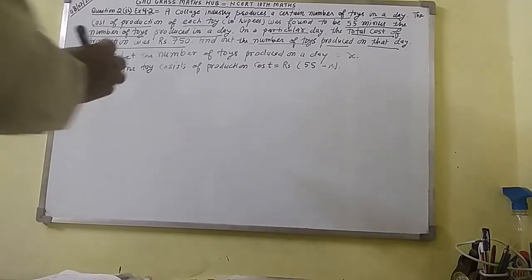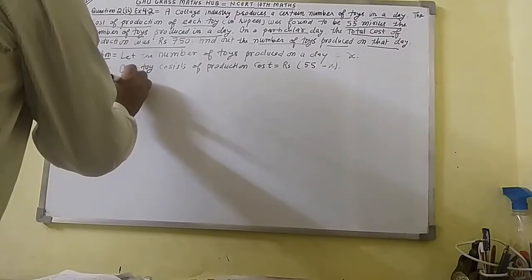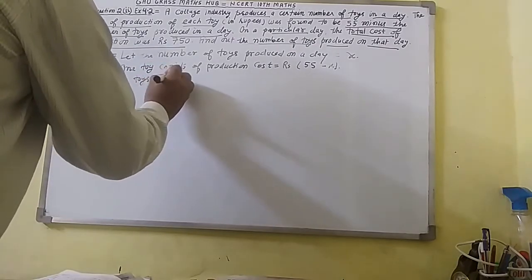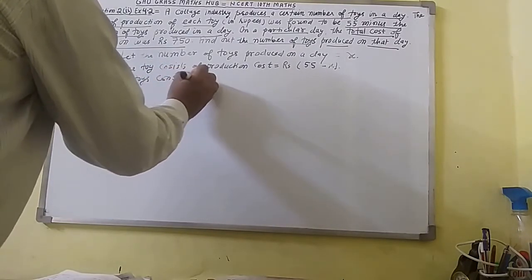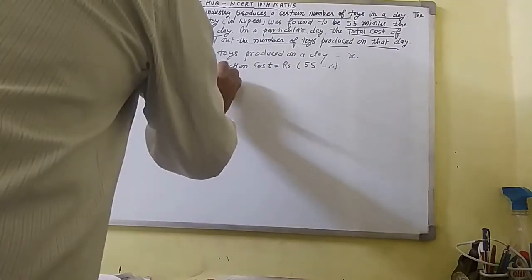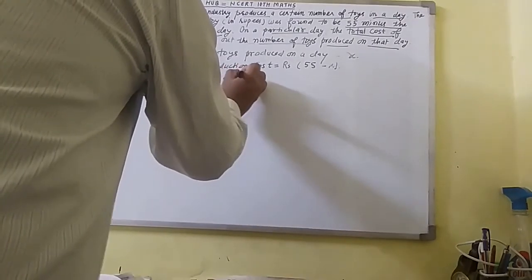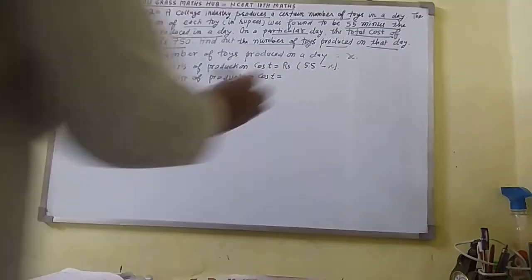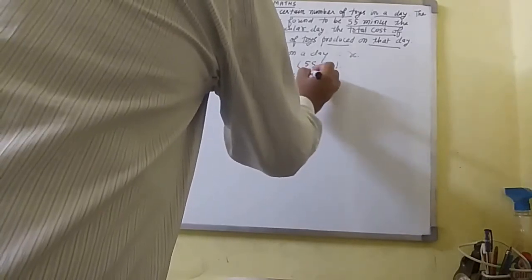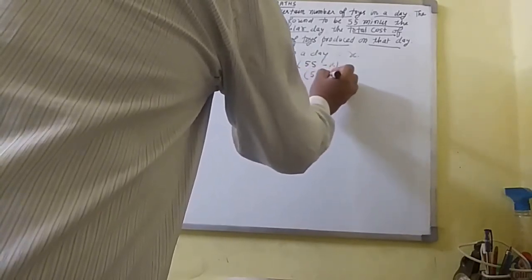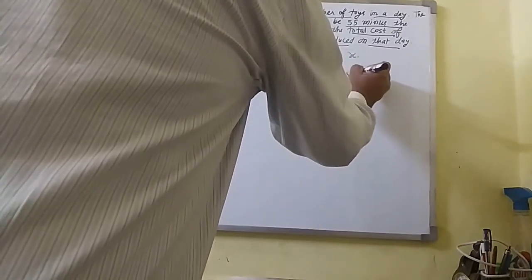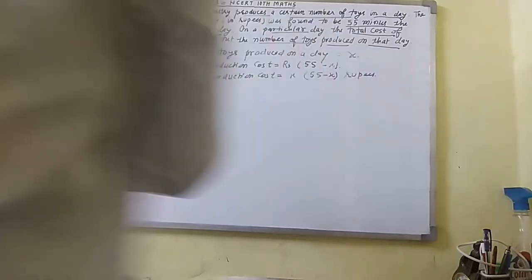Therefore, X toys consist of production cost equal to x in bracket 55 minus x, that is rupees. Now come to the next.